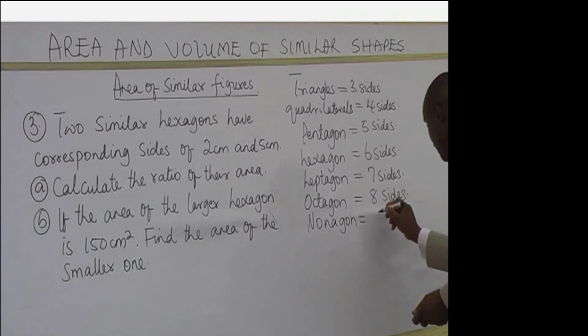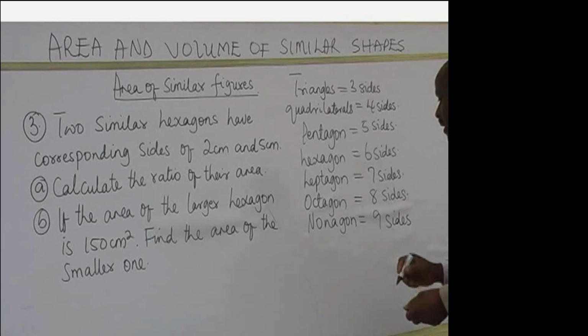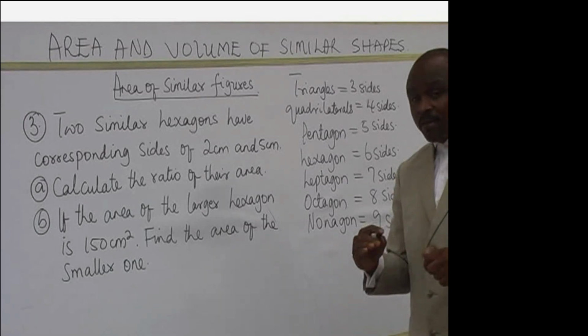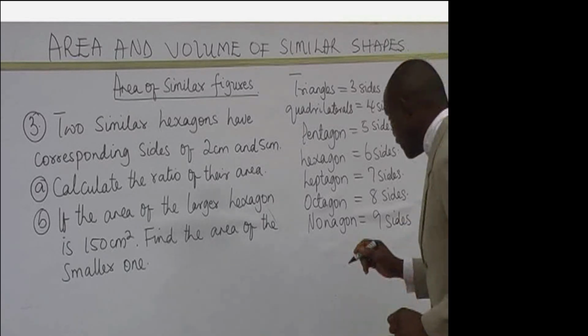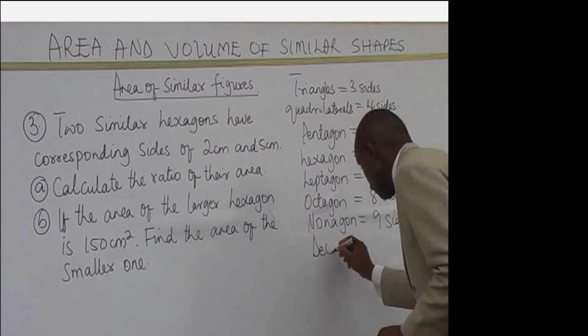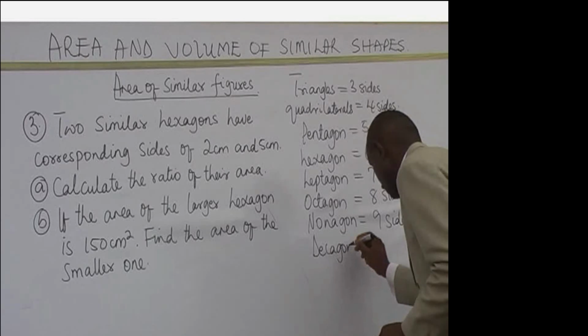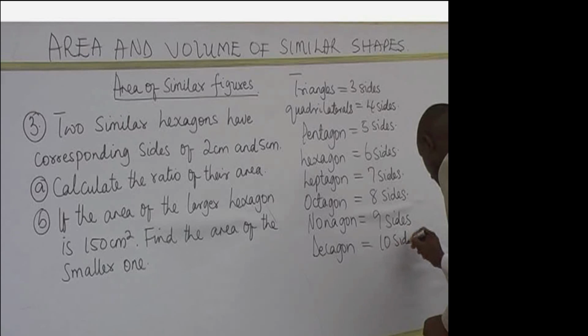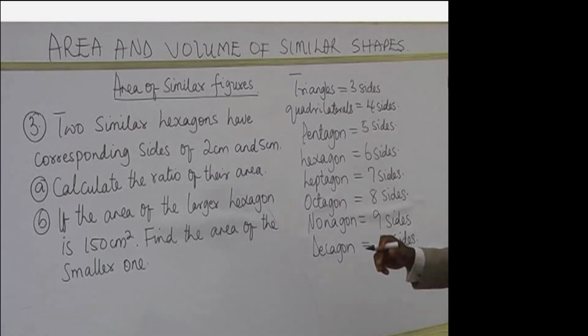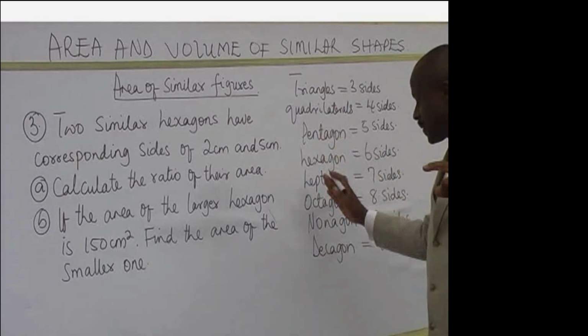Nonagon has 9 sides. Then the last for O level is decagon. Decagon has 10 sides. At least at this level, you should memorize this.